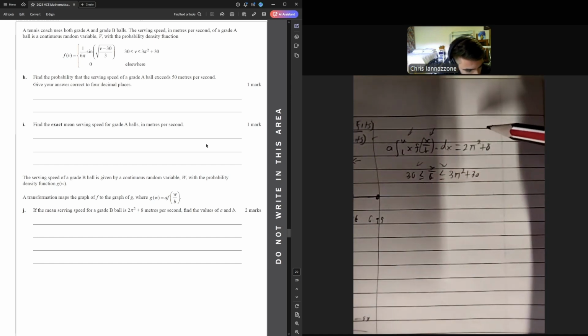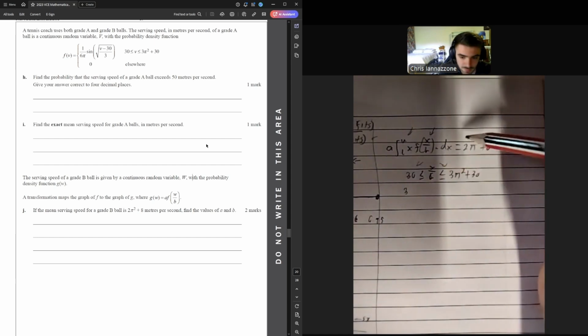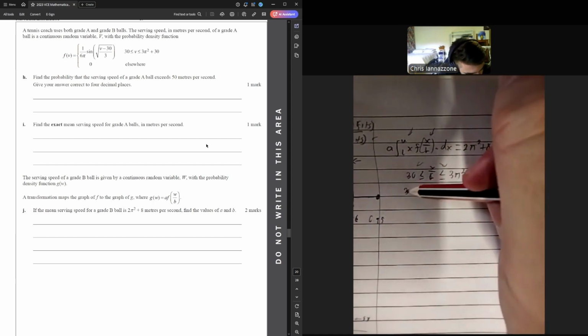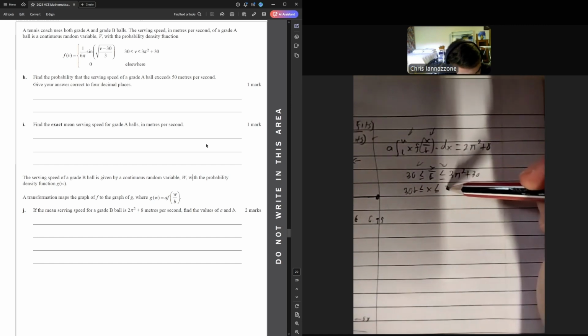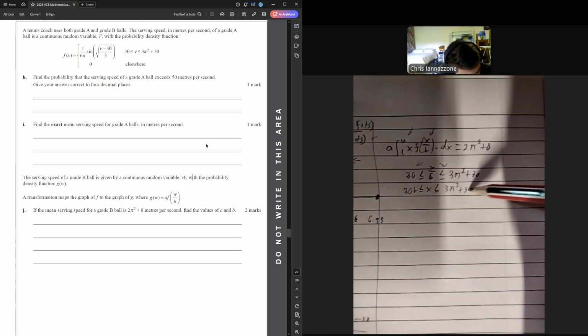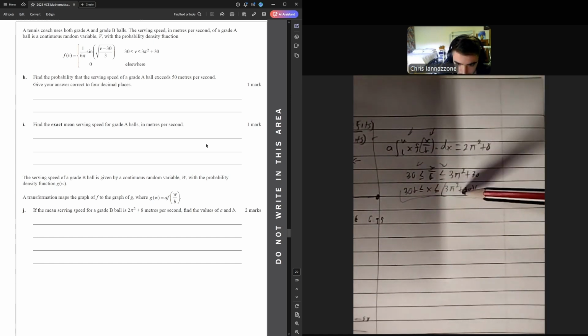To figure out your new upper and lower bound, we multiply everything by b to get the x on its own: 30b less than or equal to x less than or equal to 3 pi squared plus 30b. That gives us our new upper and lower bound.